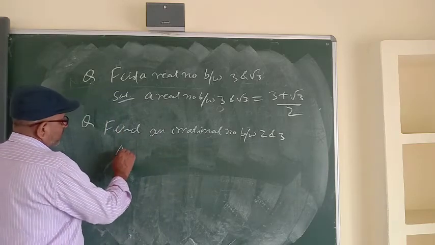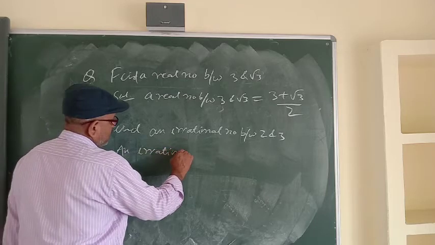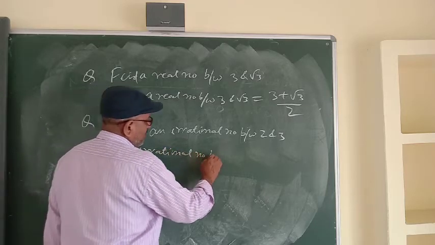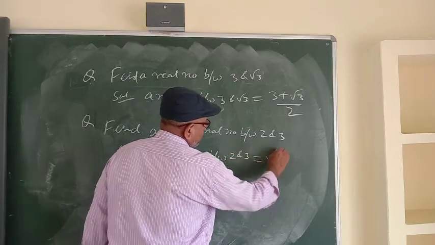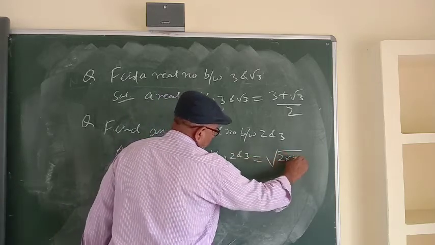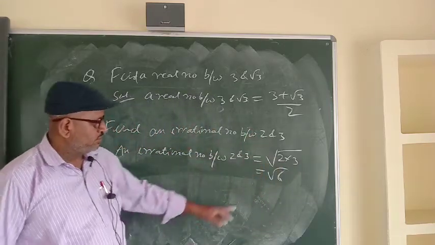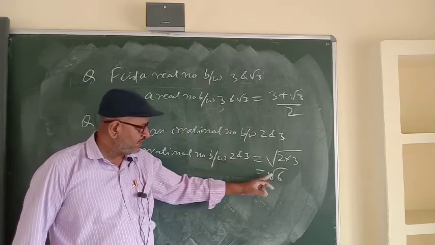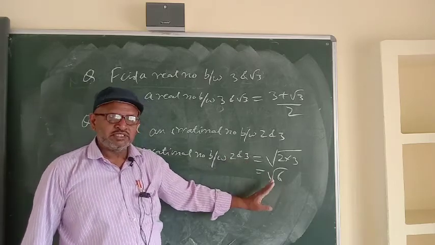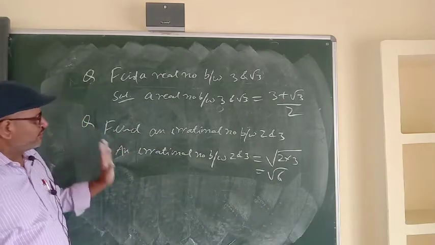So an irrational number between 2 and 3 is the square root of 2 into 3, square root of 6. So root 6 is an irrational number between 2 and 3, as we cannot take the square root of 6.